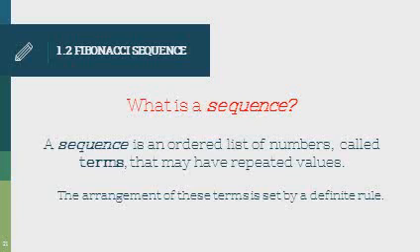Kung napapansin nyo kanina doon sa ating binigay na examples doon sa previous slide, meron tayong 1, 3, 5, 7, 9, which is the answers. The next element is 11. So that is an example of sequence na sabi nga, meron tayong tinatawag na definite rule pagdating sa arrangement or sequence.